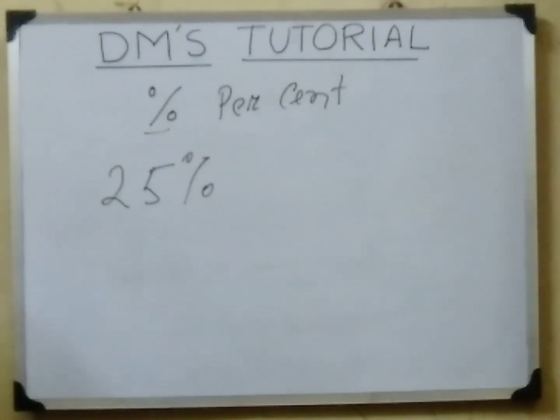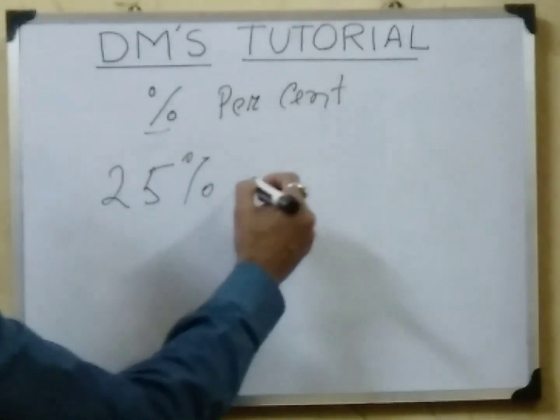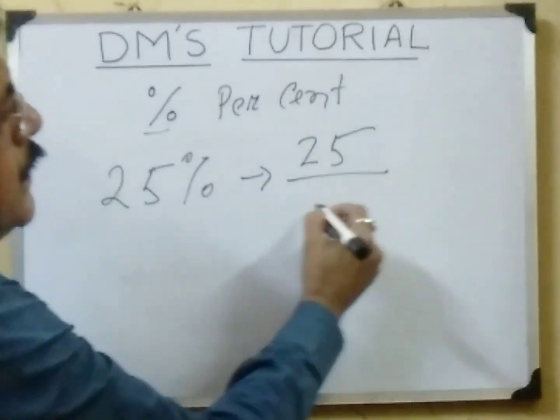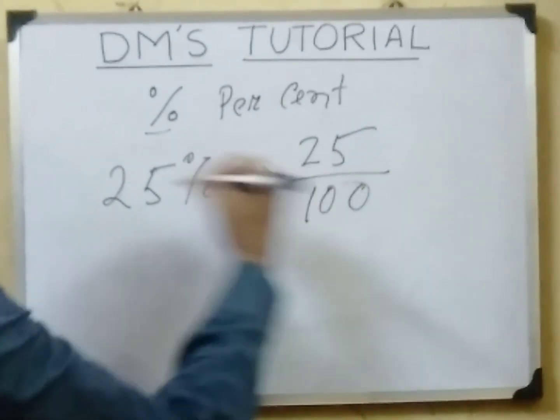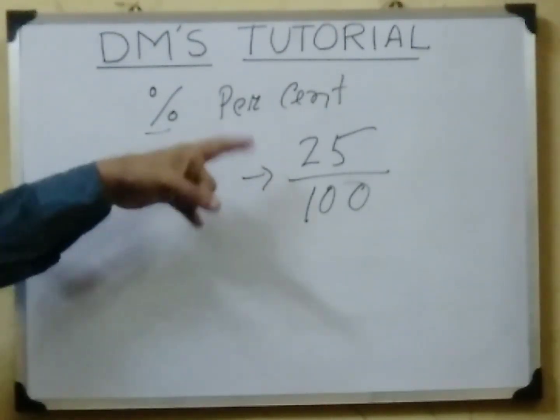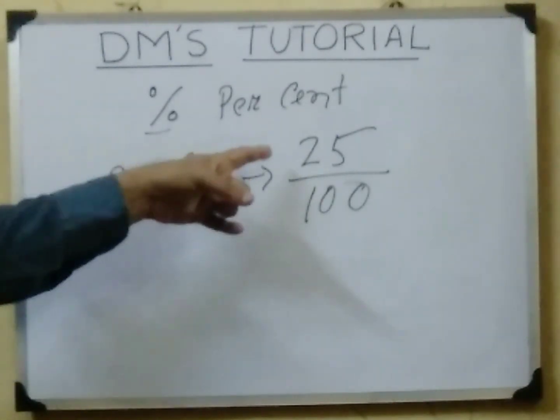You are asked to convert this percent value into a fraction. What should you do? From definition, we can say 25% means 25 per century, or 25 by 100. 25 out of 100. 25% means 25 out of 100.